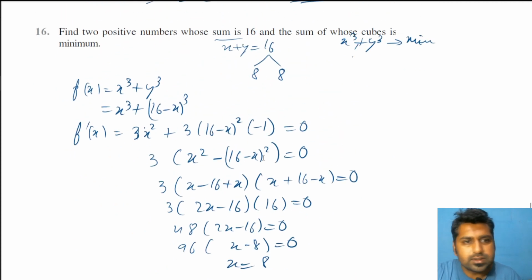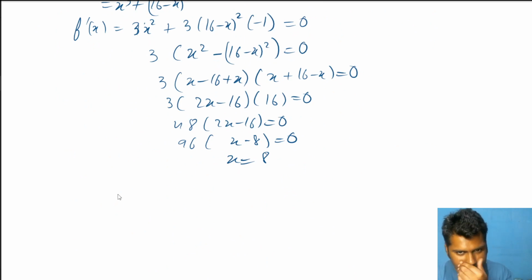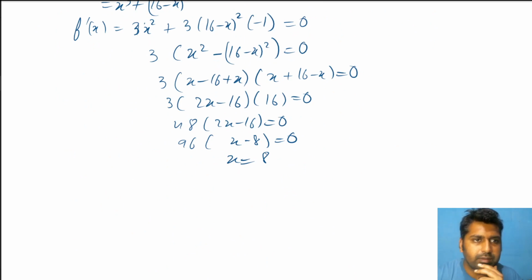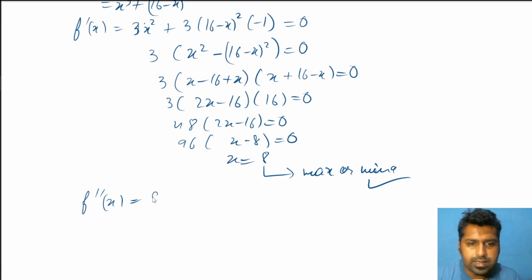And I can prove that the sum of cubes is minimum because I'll calculate f double dash x. At this value, maxima or minima can occur, but I can justify that it is going to be minima. Why? Because calculate your f double dash x, means this thing differentiated one more time, you'll get 96, which is greater than 0, definitely minima.